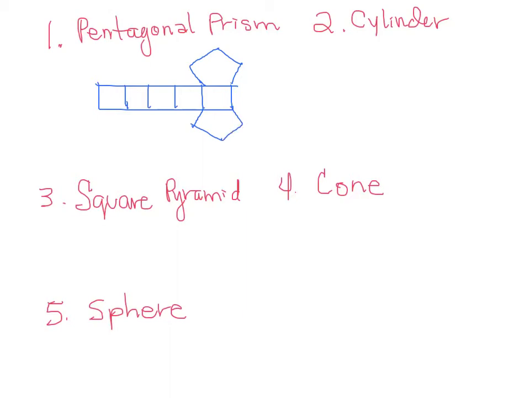So that is a pentagonal prism. In number 2, you could have the cylinder, which is just a long rectangle, and then you could have a circle somewhere here and another circle somewhere here, attached by just one point to the rectangle.